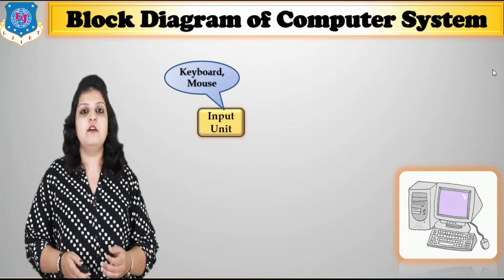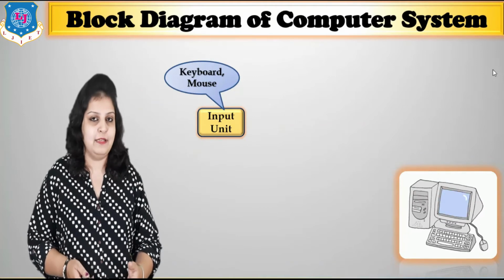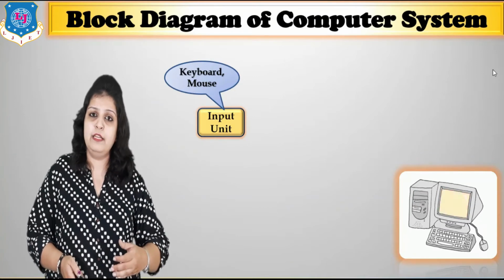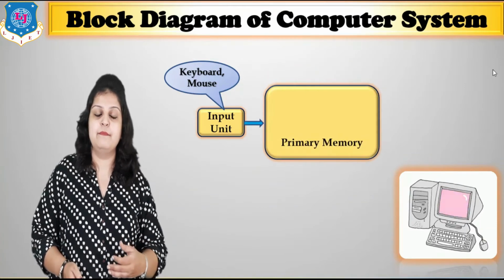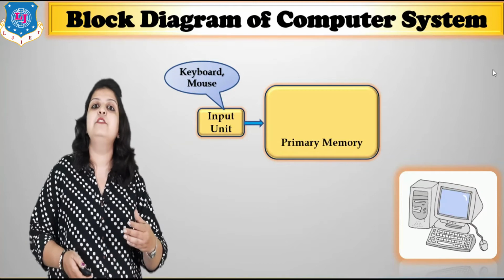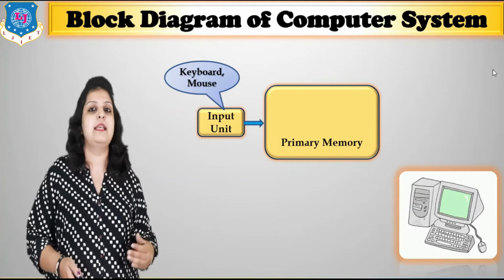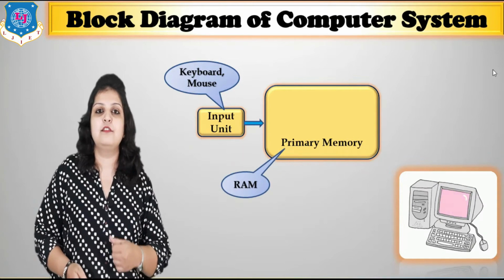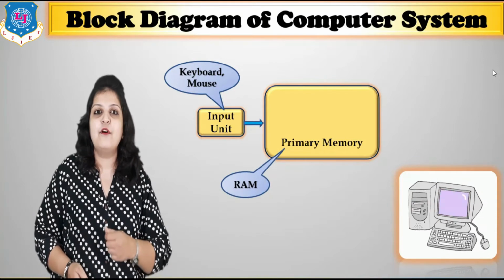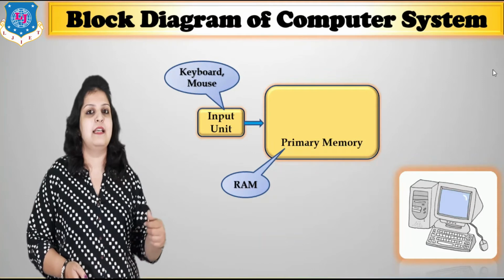Now suppose you have opened one document file. So this particular file currently open in our primary memory, because memory is also divided into two parts, primary and secondary. And what is primary memory? Primary memory is also called as RAM, and the full form of RAM is random access memory.